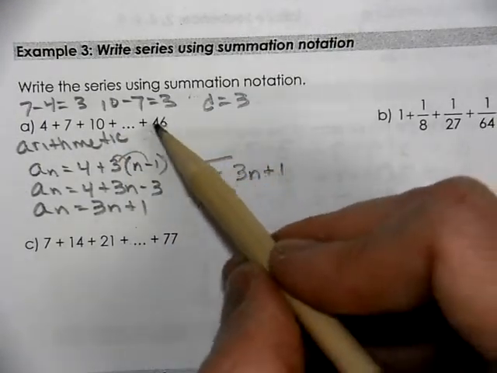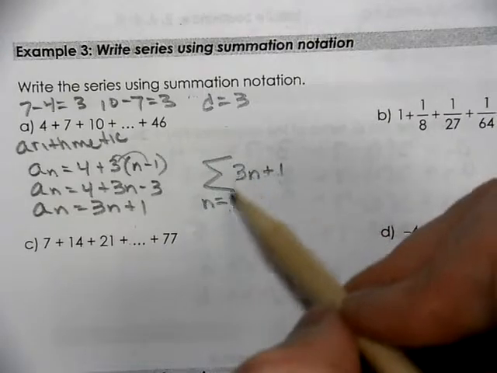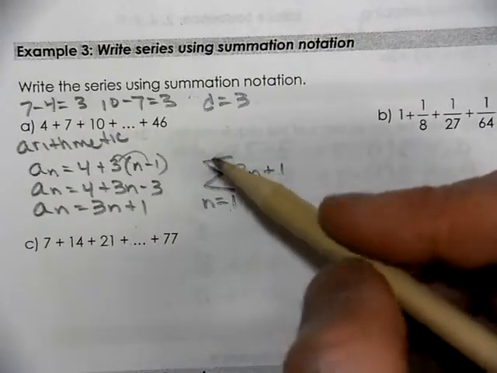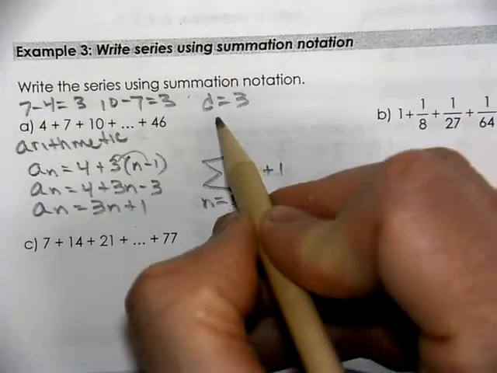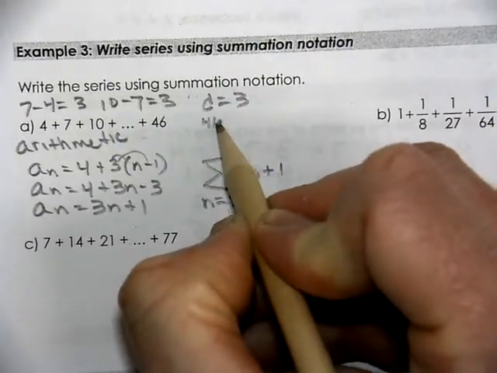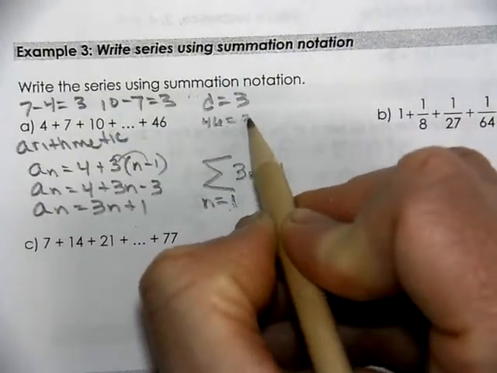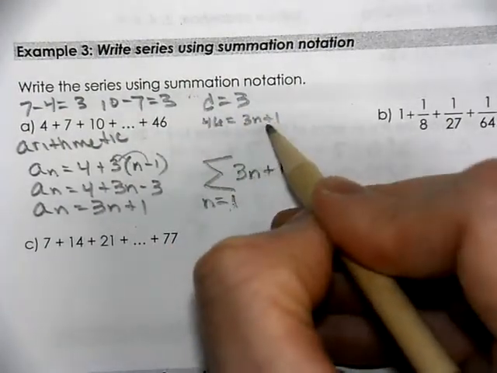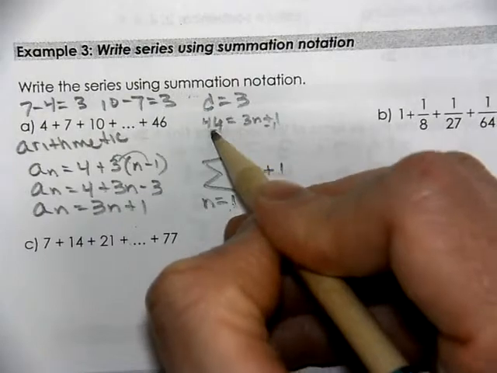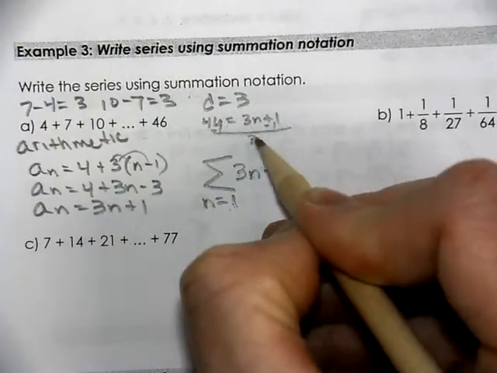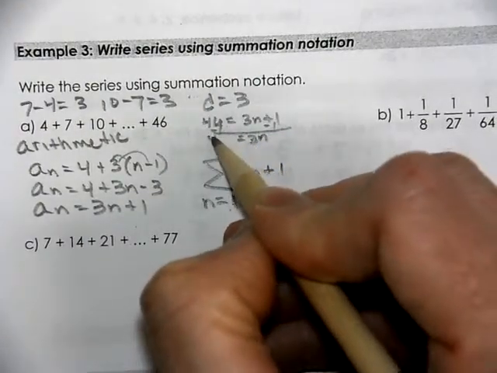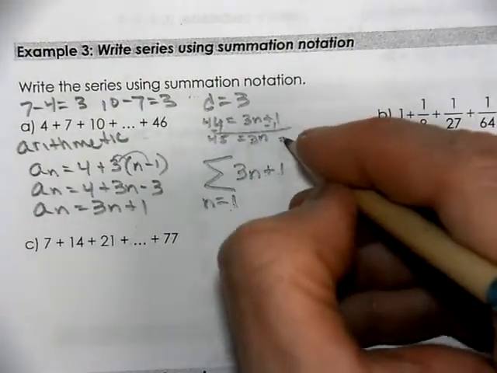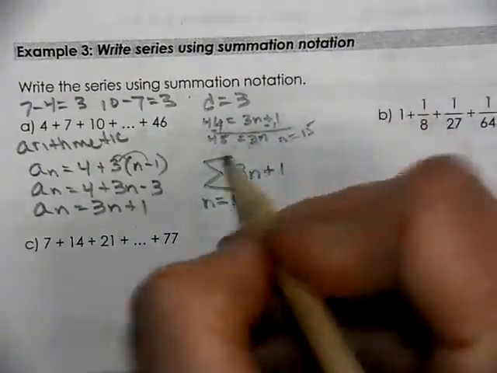The question is, how many times do we need to be plugging in a number until we can get to the number 46? Well, we can say 46 equals 3n plus 1. By subtracting the 1 from the other side, we get 3n equals 45, and dividing by 3, we'll see that n equals 15.